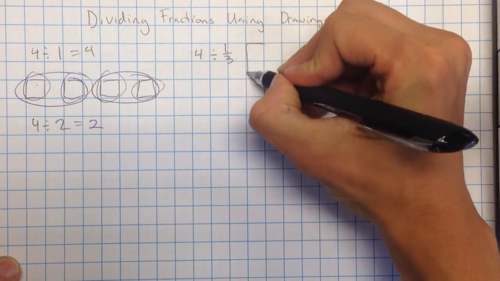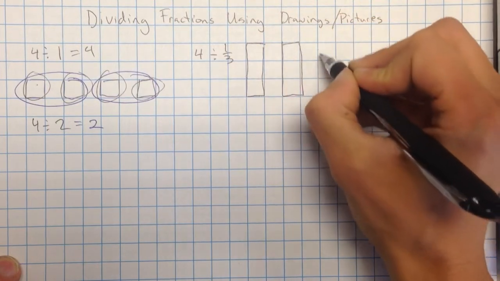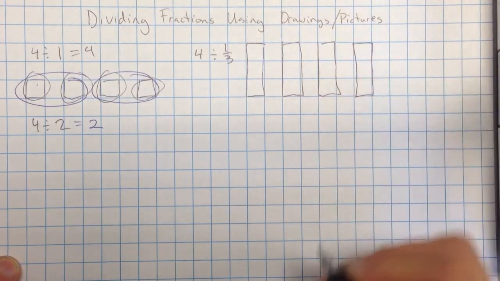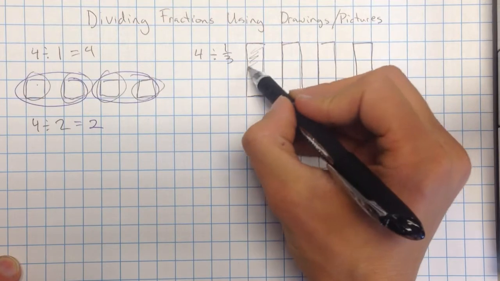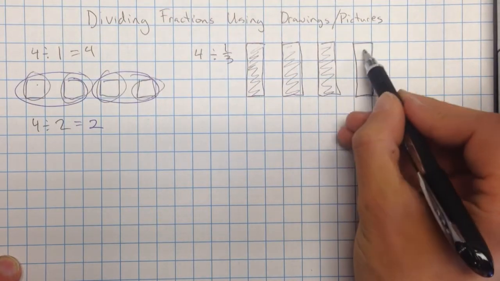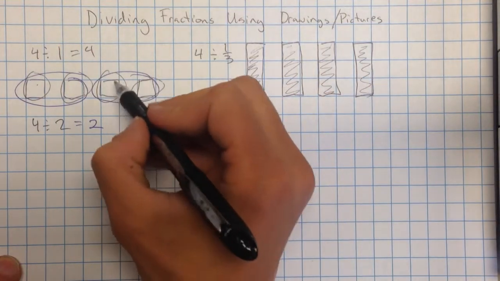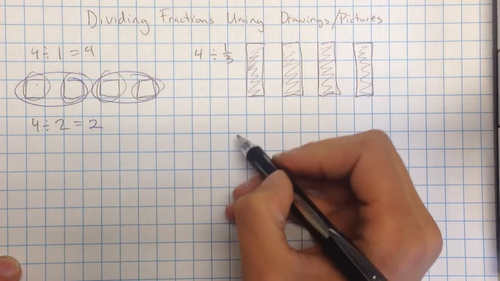So I'm going to just draw each whole as a rectangle that's like 3 tall. Okay, so these are each one whole, and since I'm talking about 4 wholes, I'm going to shade in each one. But I want to split it into chunks of 1/3. Rather than being like one group equaling 1 or 2, they're actually going to be smaller than one whole.